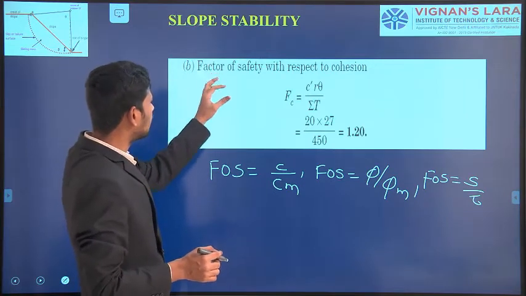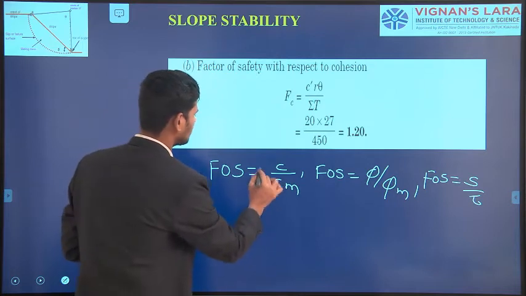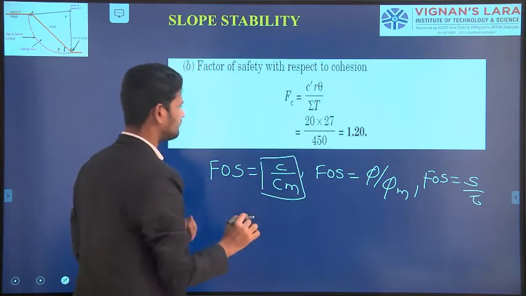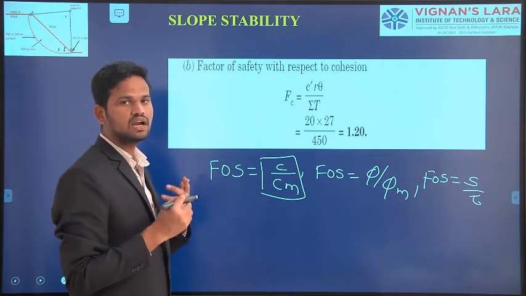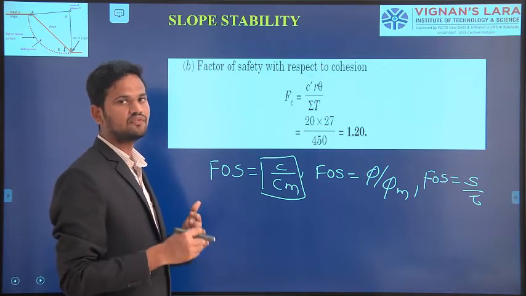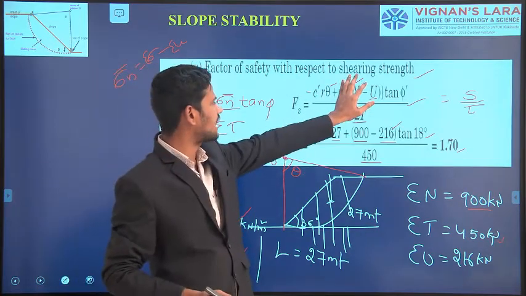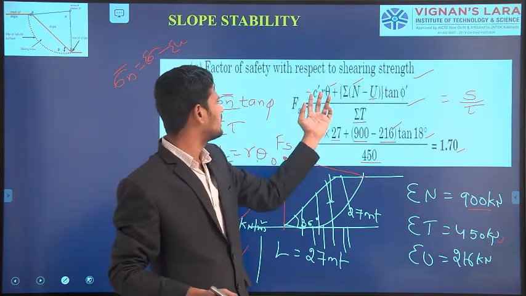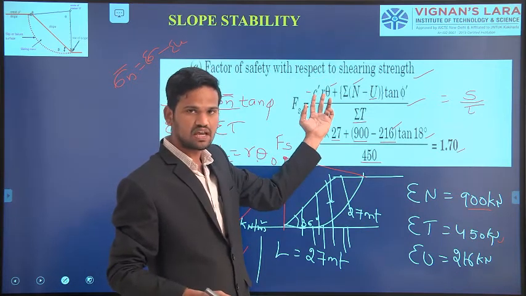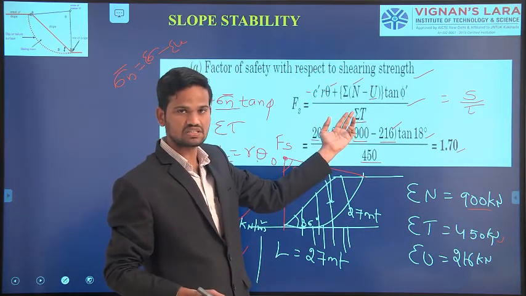Here they are asking only to find out the factor of safety with respect to cohesion. That means in the previous condition, we are reducing the angle of internal friction value. That means if you deduct this normal force and shear force, we take the cohesion of the soil mass and length of the arc divided by shear stresses or shear force.